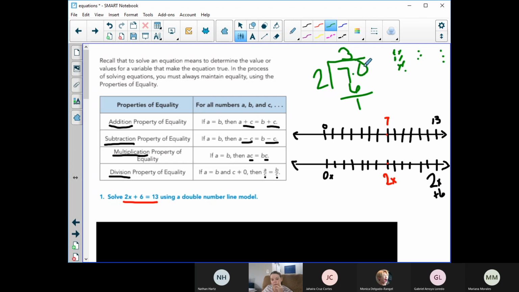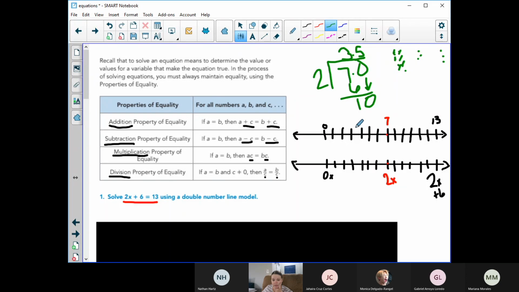3 times 2 would be 6, leaving 1. I'm going to add a decimal because I have to split this 1 in half. If I split 1 in half, that's going to give me half of 1 in one group and half of 1 in the other group. So 7 divided by 2 would be 3.5.